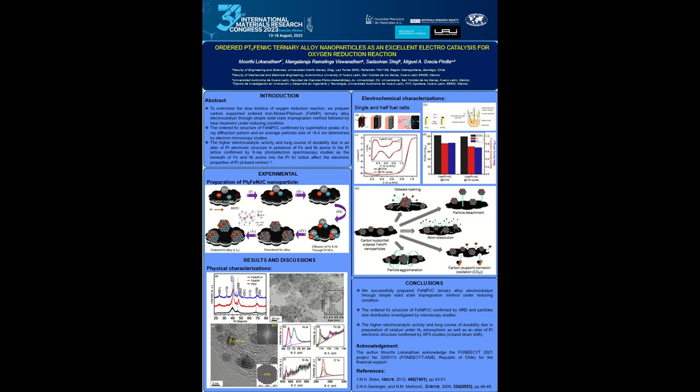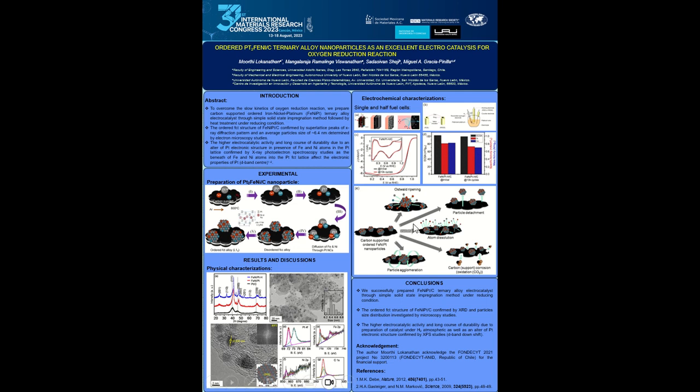From the calculated activity represented in the bar diagram, before and after 10,000 cycles, there is no activity loss; only negligible activity loss happens after 10,000 cycles. From this we conclude this catalyst is highly stable in acidic condition even after 10,000 potential cycles.